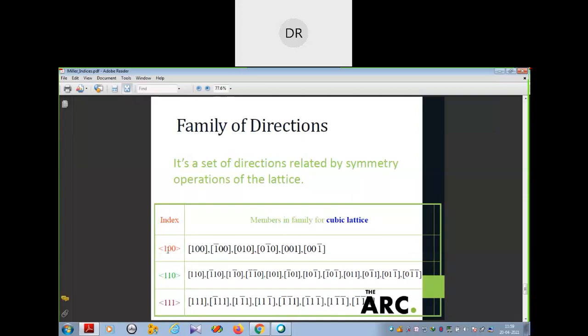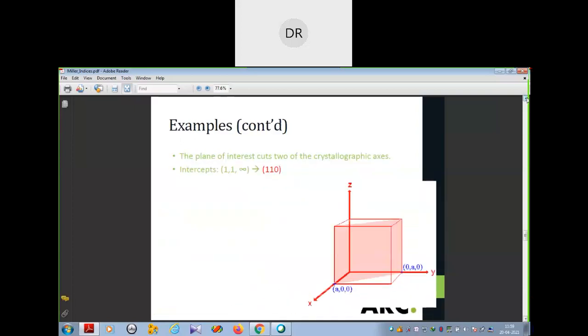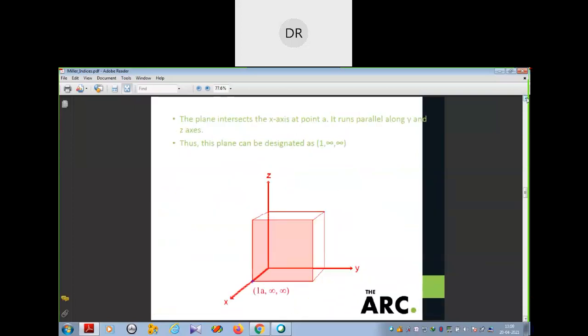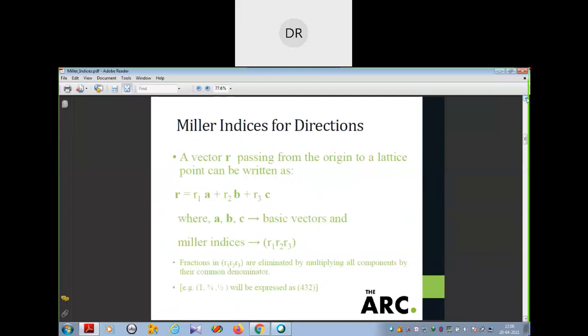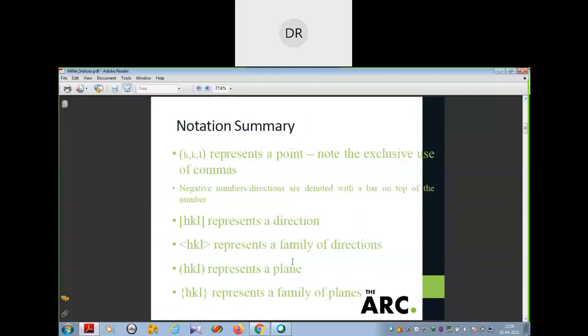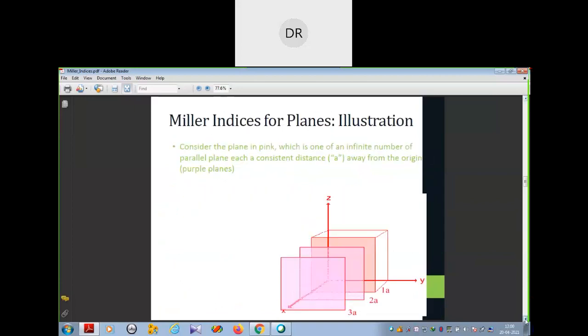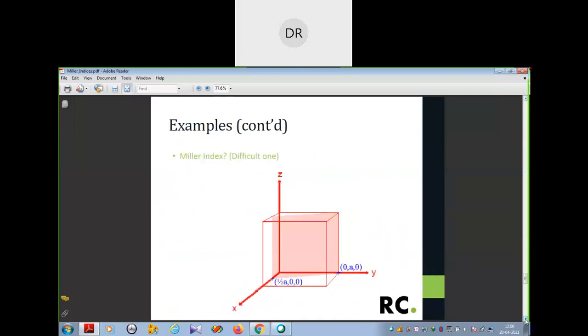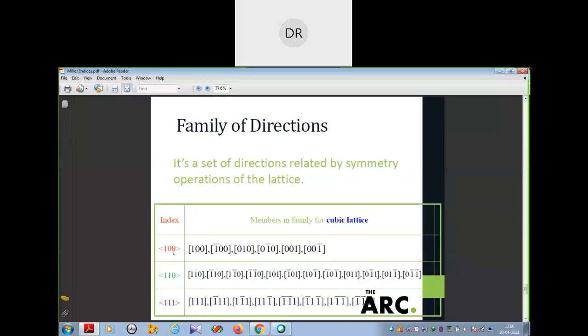So this one is the family of directions. The main one is 100. This one I have already shown you. This one represents a family of directions. That means in the HKL direction, how many planes there are with Miller indices.